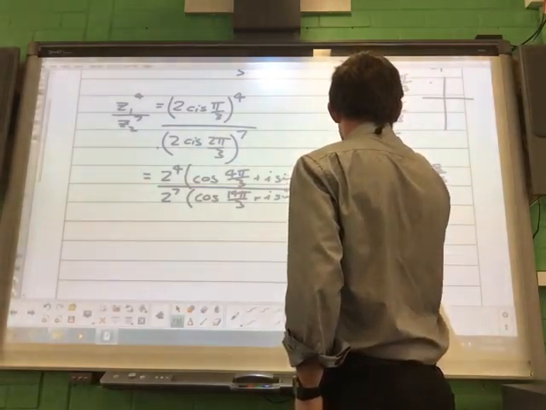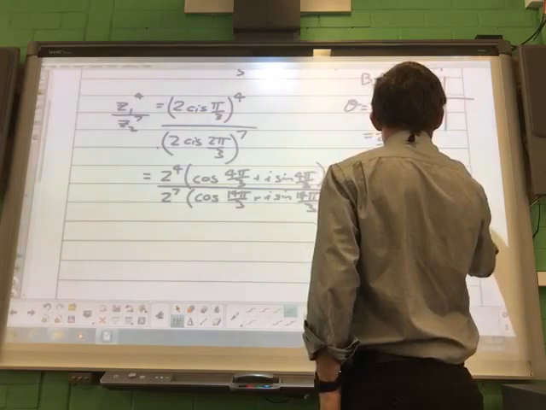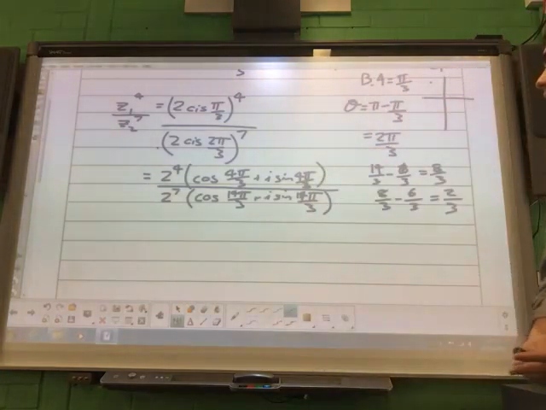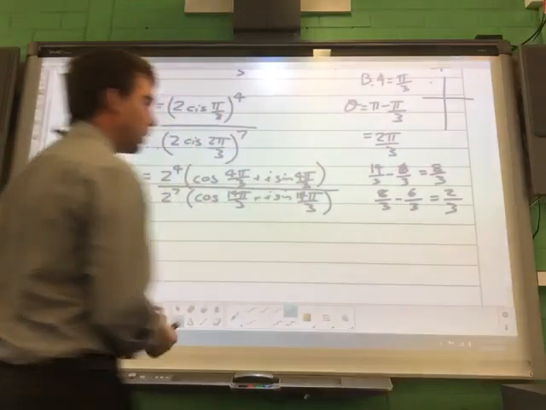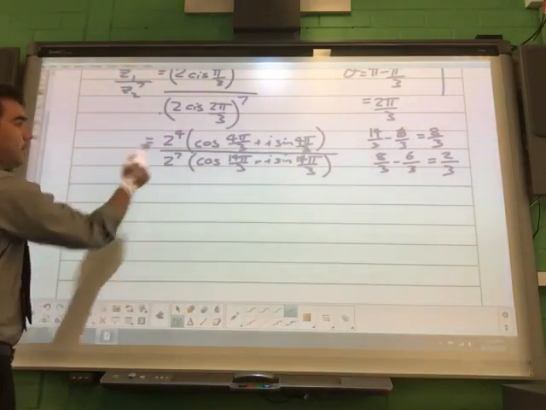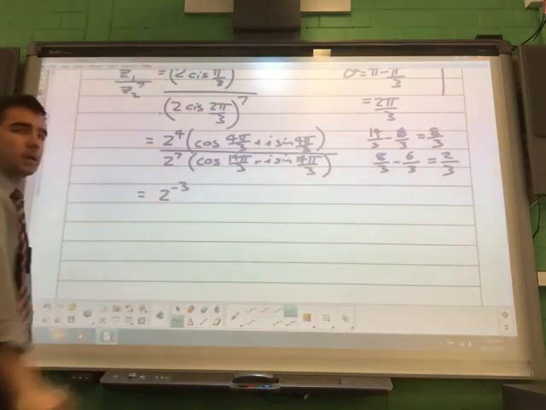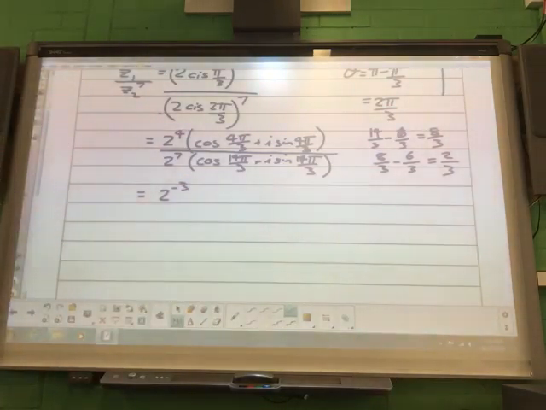So 8 over 3 take away 6 over 3 gives us 2 over 3, and that puts us back into a working domain. 2 to the power of 4 over 2 to the power of 7 becomes 2 to the power of negative 3 when you do your index laws.